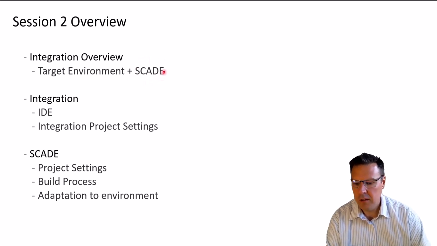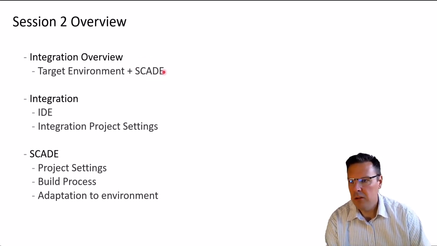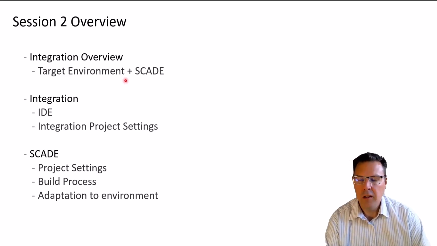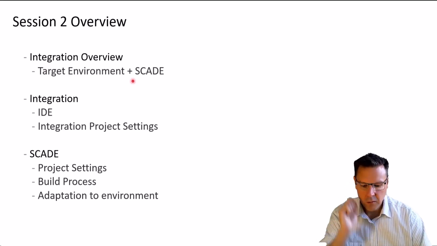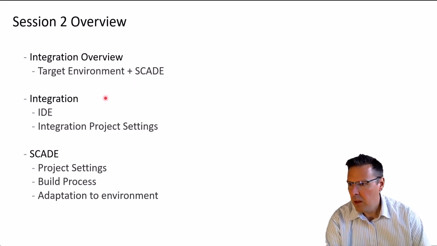By the way, these are C sources, so the programming language C. So SCADE will produce C sources, and our target environment will take these C sources and integrate them into a final binary which can be flashed on the target.